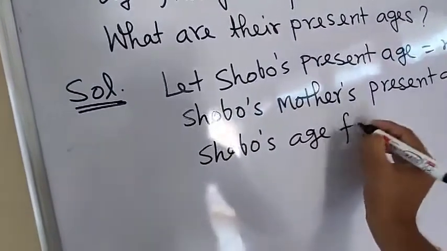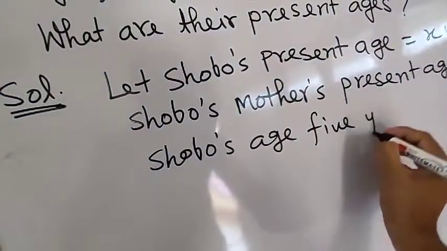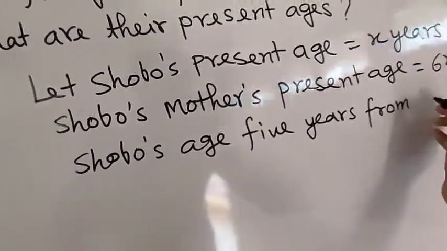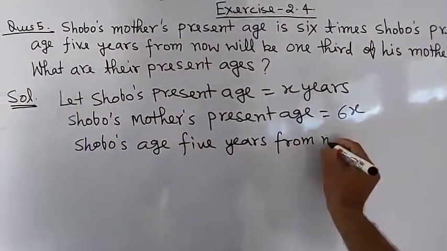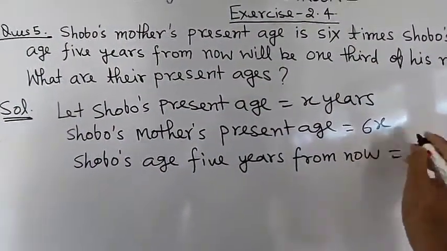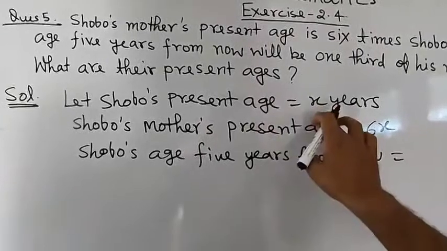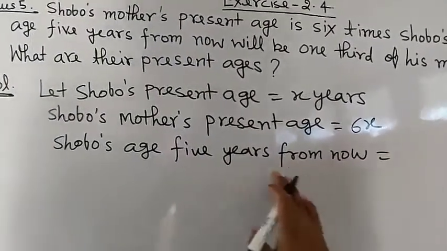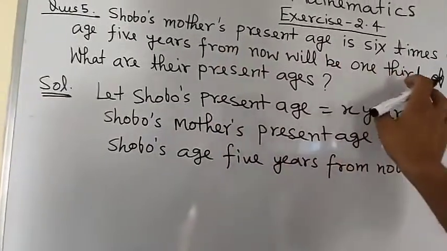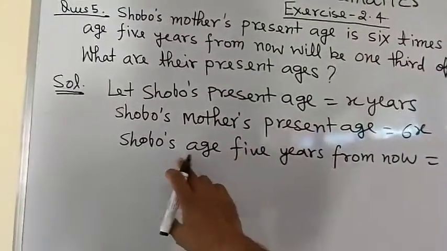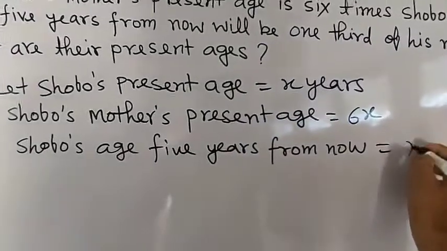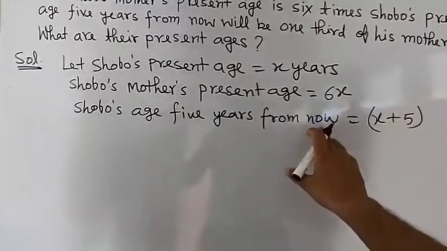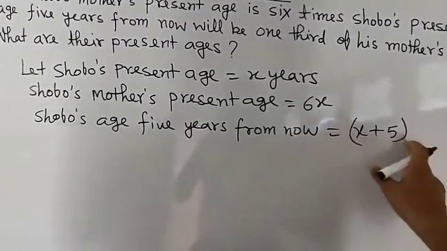That is equal to, if present age of suppose is x years, then what will be the age after 5 years? So suppose age 5 years from now will be x plus 5. After 5 years suppose age will be x plus 5.